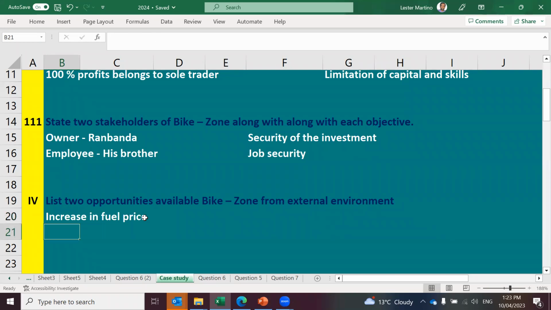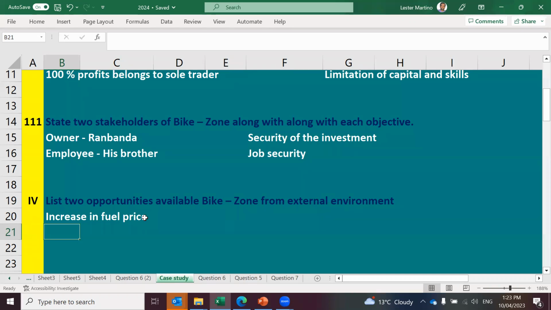So people tend to shift from fuel-based vehicles to hybrid vehicles. During the problematic situation, I know everyone has that experience, we didn't have much fuel. The prices for fuel increased. There were a lot of queues close to the petrol shed. So that triggers the opportunity for another business.